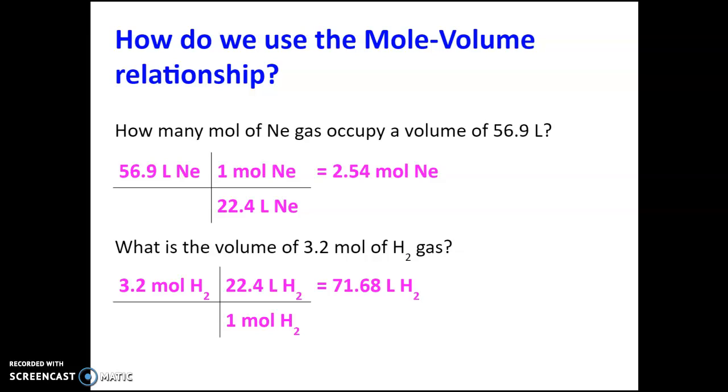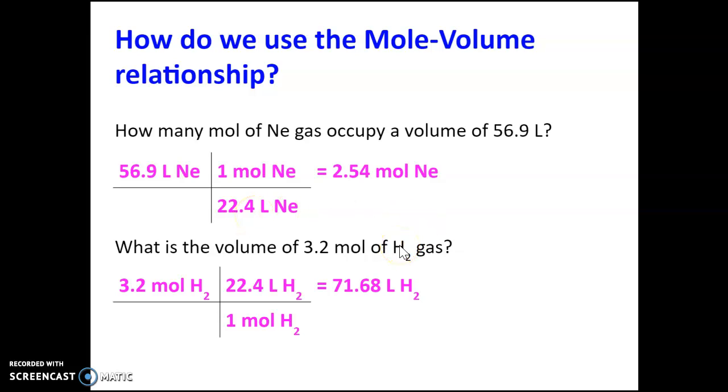I want to point out right now that this molar volume 22.4 is the same no matter how many elements are involved in the gas. So neon is a single atom, and its mole-volume relationship is still 22.4 liters to 1 mole.